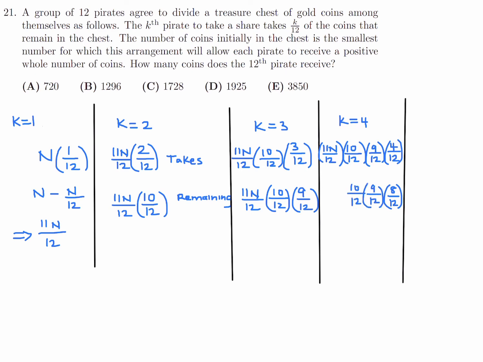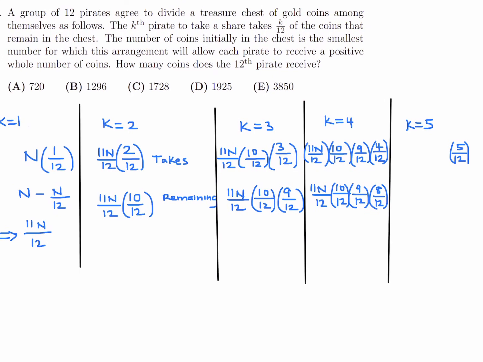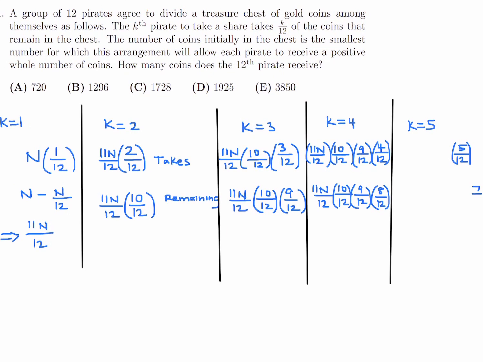I hope by now you can see this pattern. And just to beat this home, we'll do one more. And k is 5. That means that pirate will take 5 over 12. If he takes 5 over 12, he does not take 7 over 12. And therefore 7 over 12 is the fraction of this amount that he leaves remaining. And that's 11N over 12 times 10 over 12 times 9 over 12 and times 8 over 12.